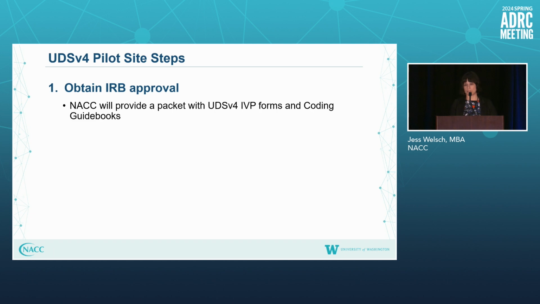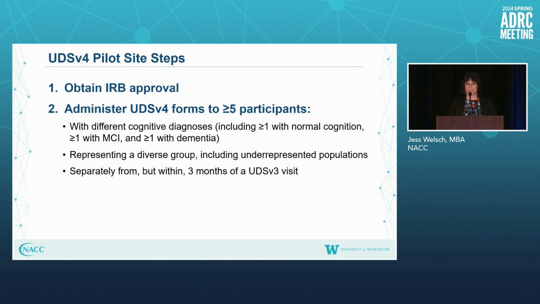So you'll have the materials that you need to seek that approval. The next step is going to be to use those forms to administer up to, or more or less, five or more participants. And we're looking for a mix of different diagnoses representing a diverse group, and separately from the UDSV3 visit, but relatively close. So we're looking for about within 3 months.